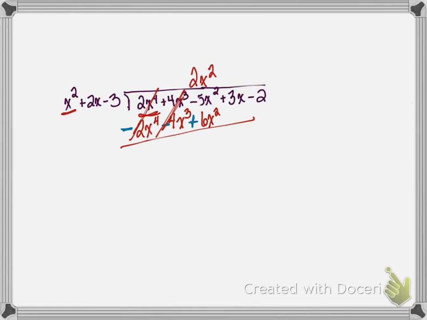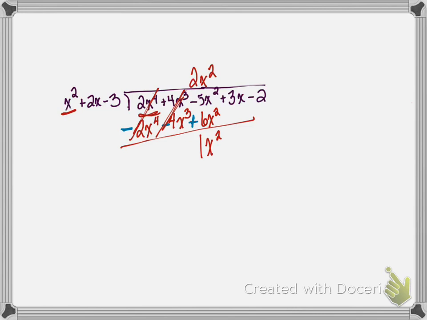So I'm going to go ahead and do negative 5x squared plus 6x squared. So when I do that, I'm left with 1x squared. Now, when I say to myself, x squared times what gives me 1x squared, what do I get? Just 1.